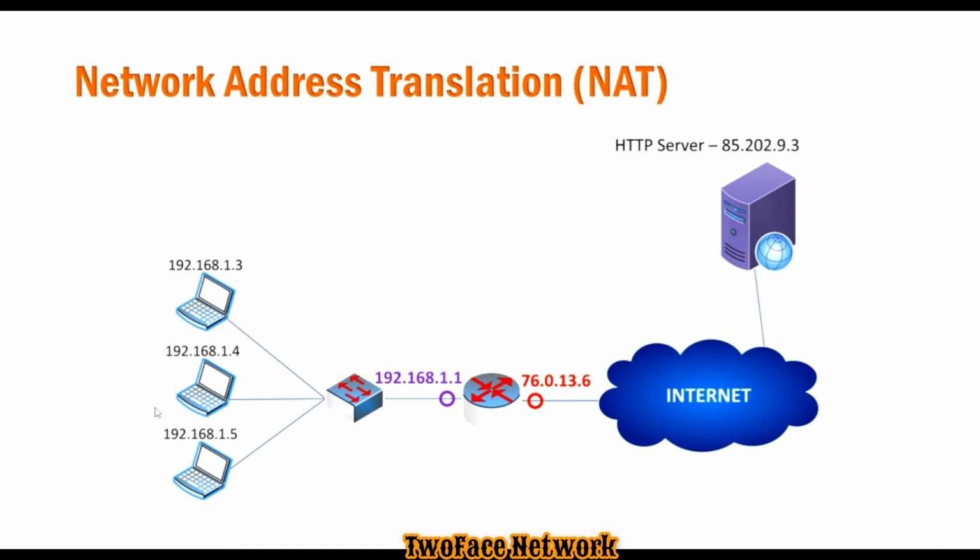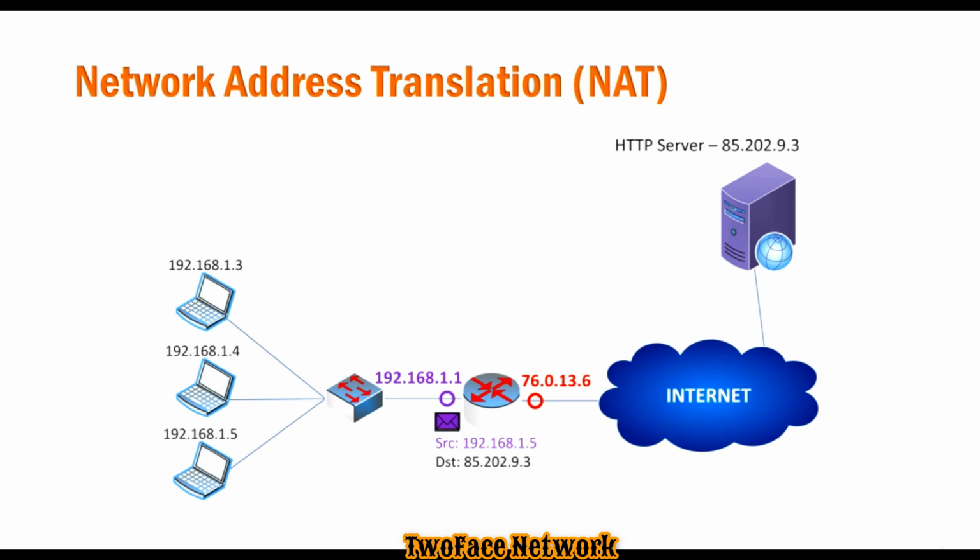Now this computer, 192.168.1.5, is going to send a packet. And this packet has a source IP address 192.168.1.5. That's the IP address of this computer. And the destination IP address is going to be 85.202.9.3. That's the IP address of the web server. So when this packet reaches the switch, the IP parameters remain the same.